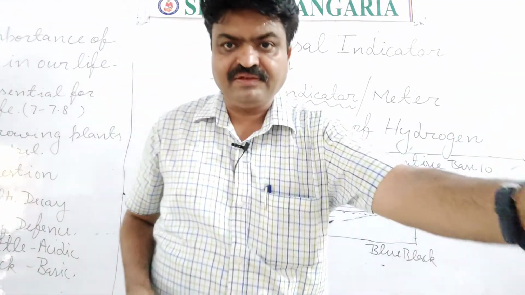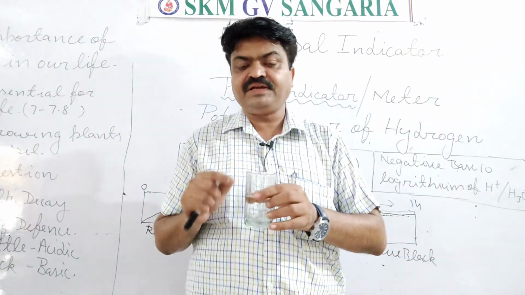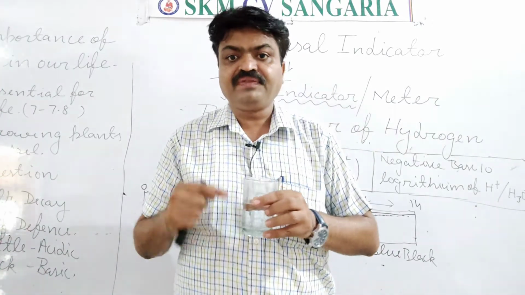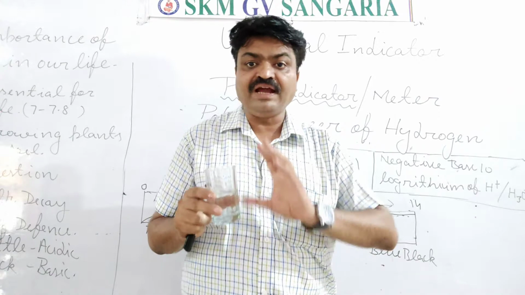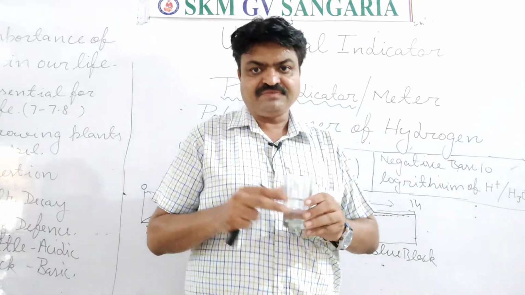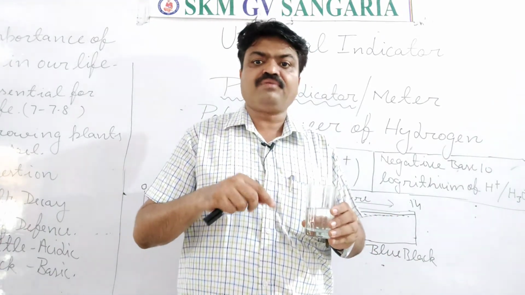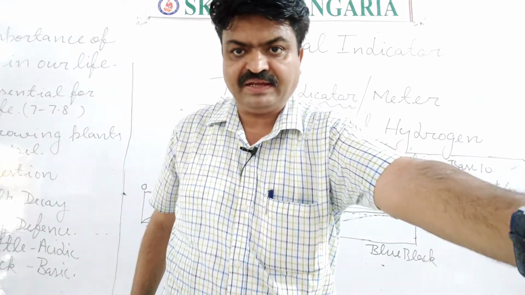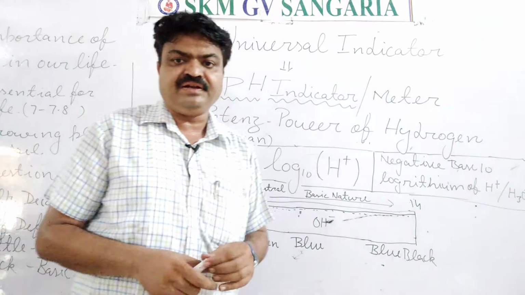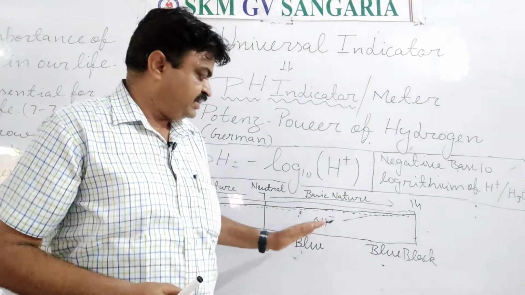So we can say this water is basic in nature because its pH is 9, student. 9 means it is alkaline in nature. Means when the bases are soluble or bases are found in water, then those bases are known as alkaline. So it is alkaline in nature or basic in nature.